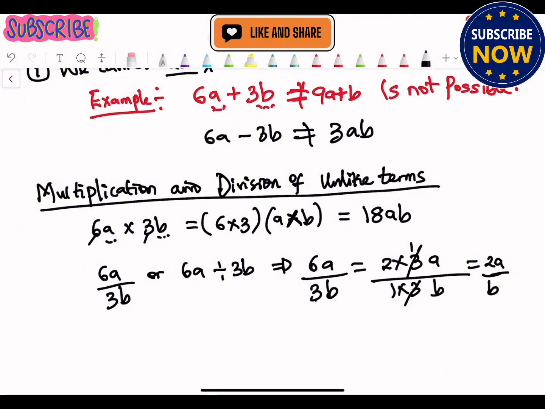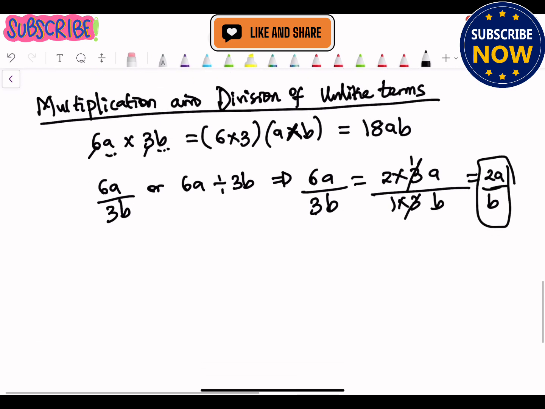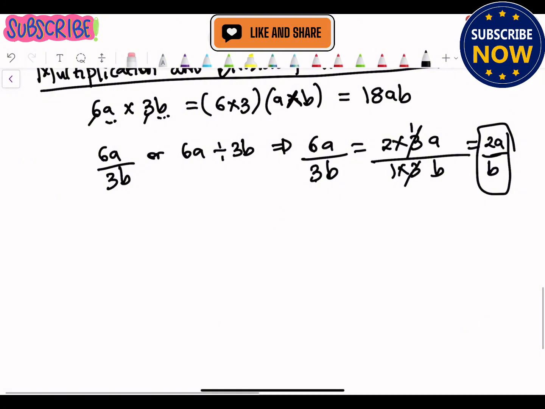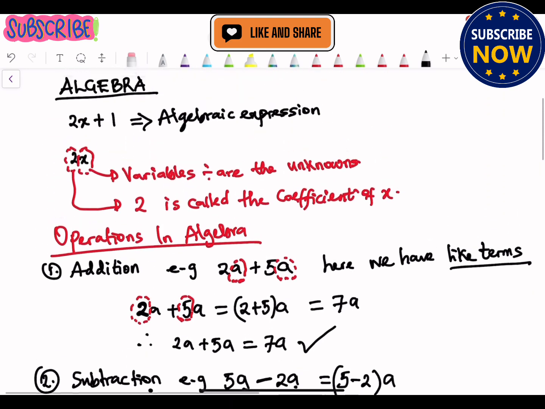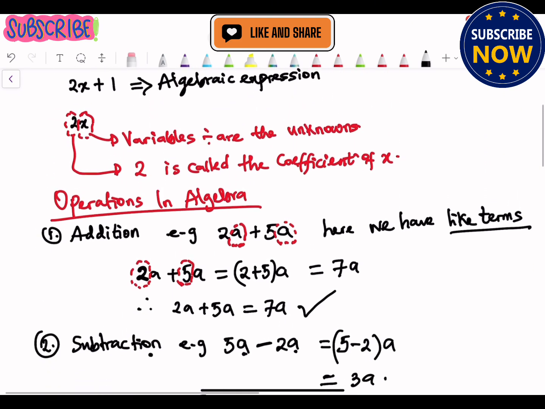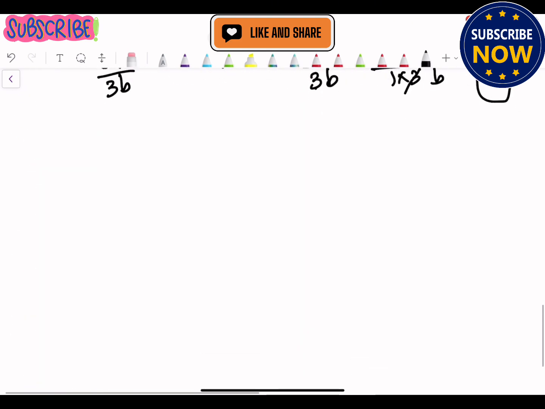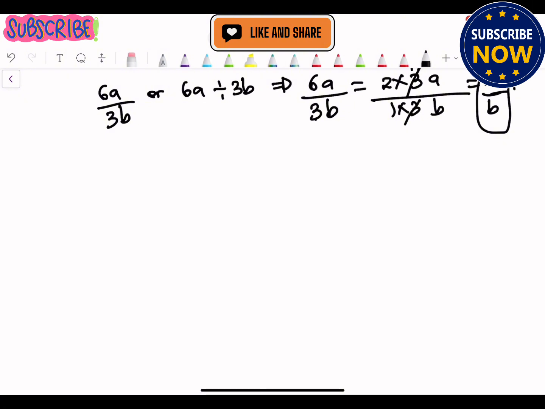I believe we understand. So these are the operations that we do when we have an algebraic expression or equation. Before I move on, let me solve just one example.